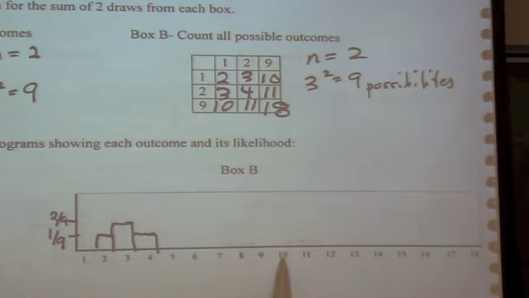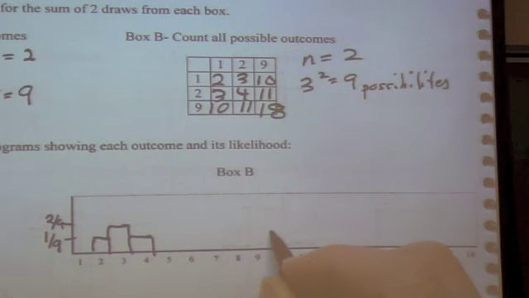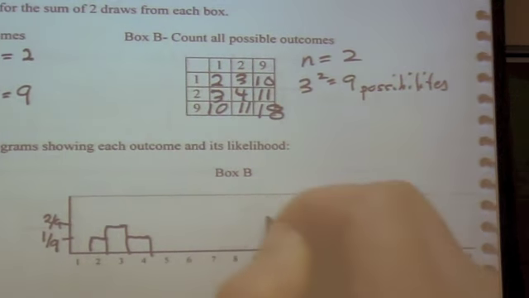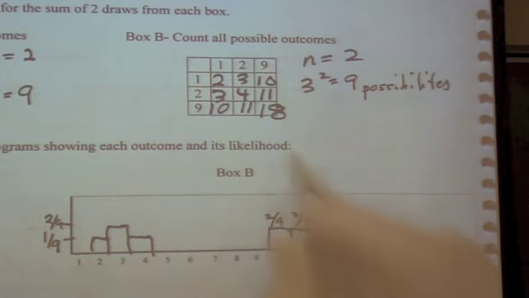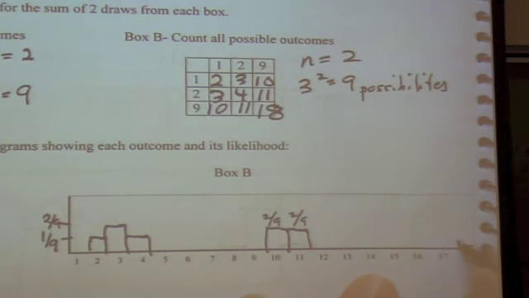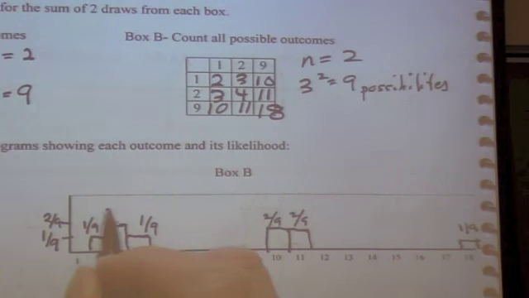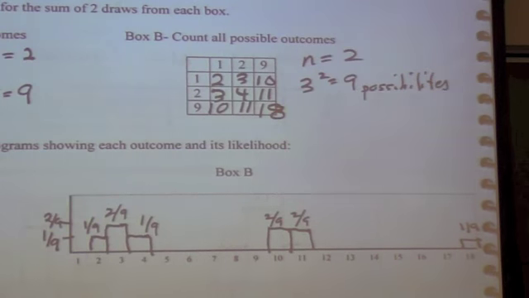And then we skip all the way to 10 and 11, and both of those have 2 ways, so they should be 2/9 tall, both of them. And then there's just one way we can get an 18, so that should just be 1 out of 9. So we have 1, 2, 1, 2, 2, 1, and it adds up to 9 out of 9, which is 1.